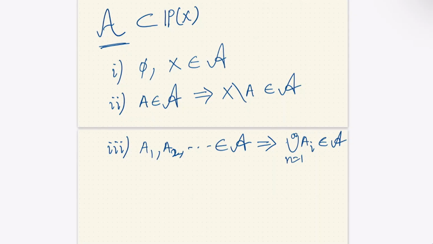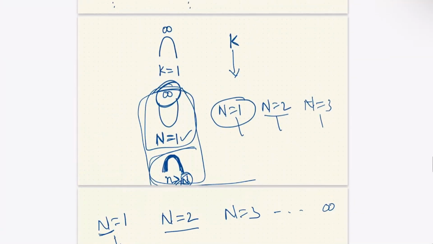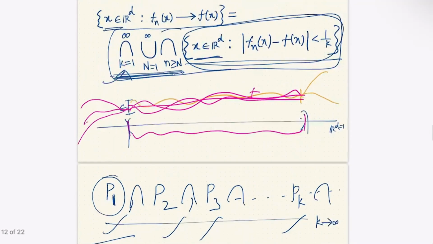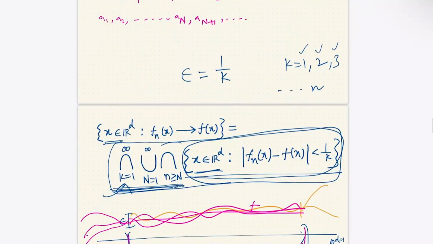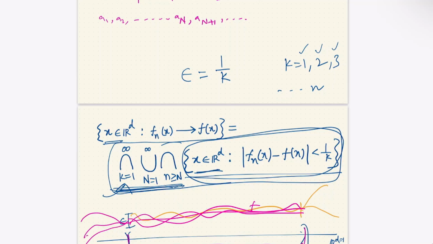Actually, I gave the sigma algebra definition at this point of time to deal with this kind of sets very properly. Countable unions and countable intersections are the key.